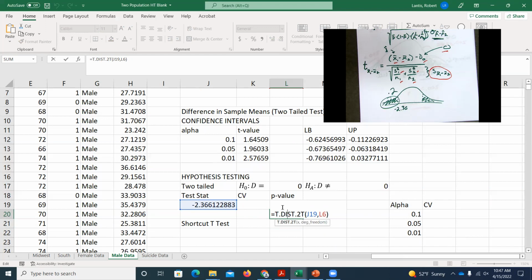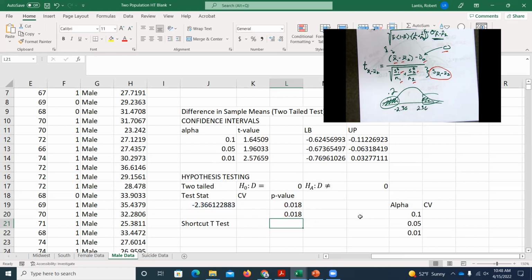For whatever reason, the way they have it coded up, this function only accepts positive values, which is fine because the area to the left of negative 2.36 is the same as the area to the right of positive 2.36. So I have to give it the absolute value of my test statistic, because it only accepts positive values. Now it should give me the exact same thing I found before.